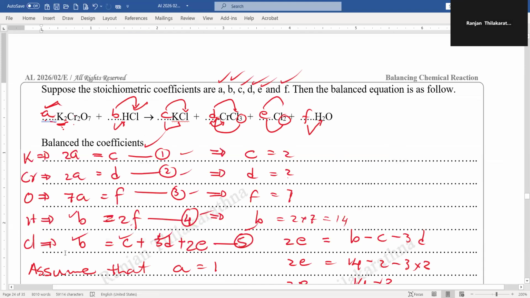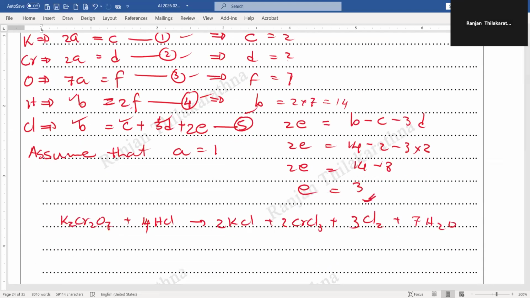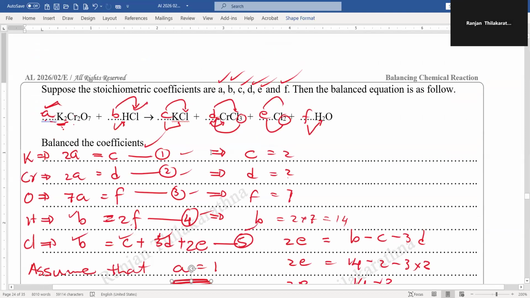After that, no matter how long you try to solve it, you will not get any number. Therefore, assume that A equals 1. No need to be 1, you can assume any number as A. Then if A equals 1, C equals 2, D equals 2, like that.